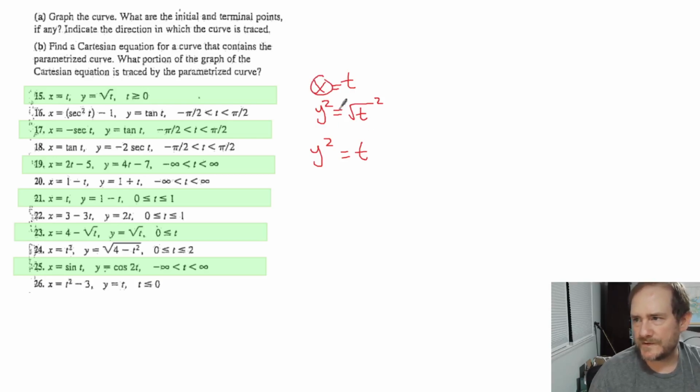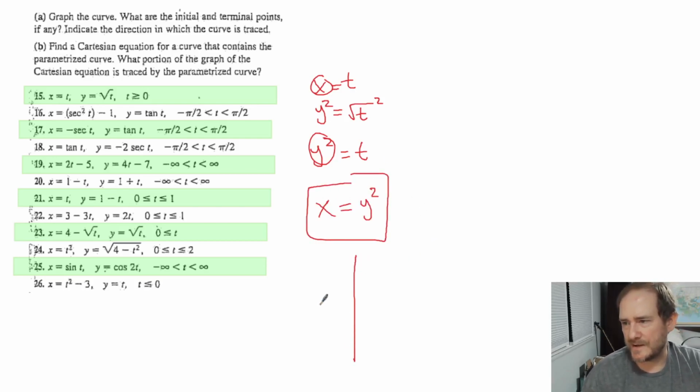And if x equals t and y squared equals t, then x equals y squared. And that's a parabola. It's a parabola that opens to the side. It's a parabola whose vertex is at (0, 0), and that passes through the points (1, 1) and (1, -1), and that opens to the side.